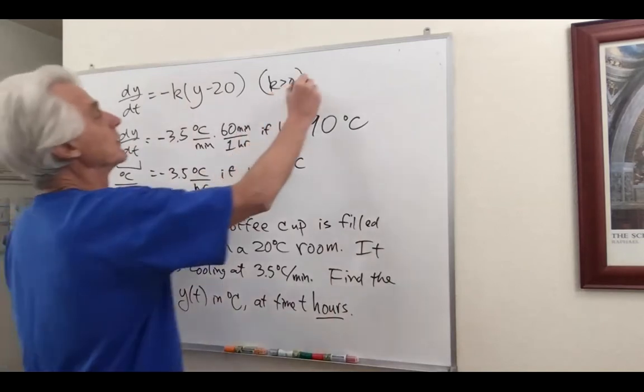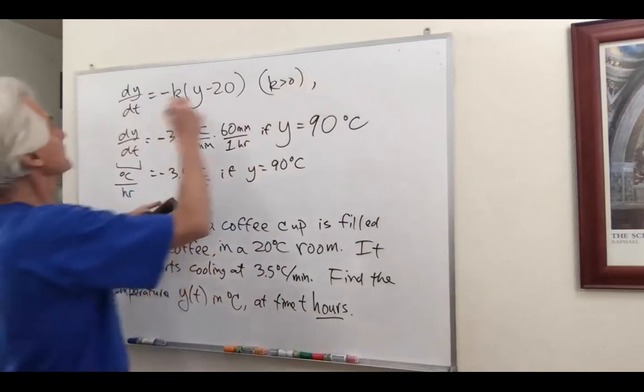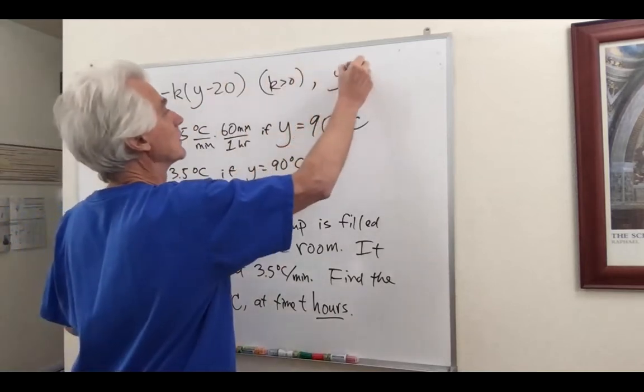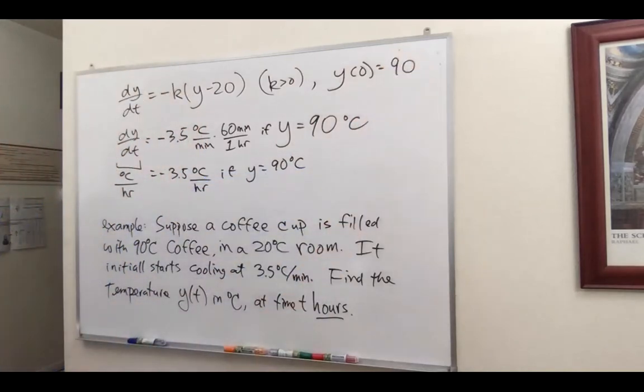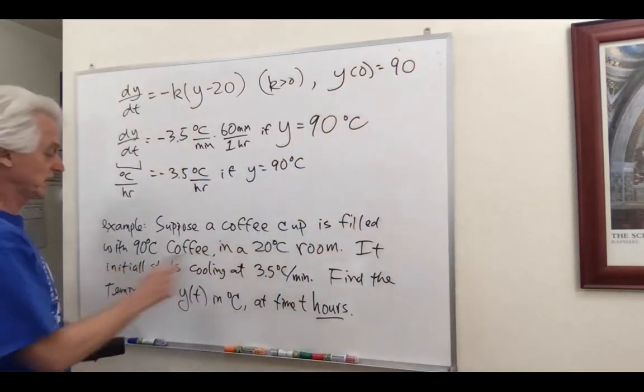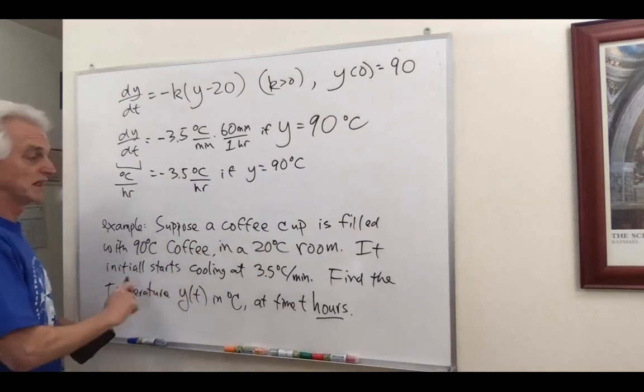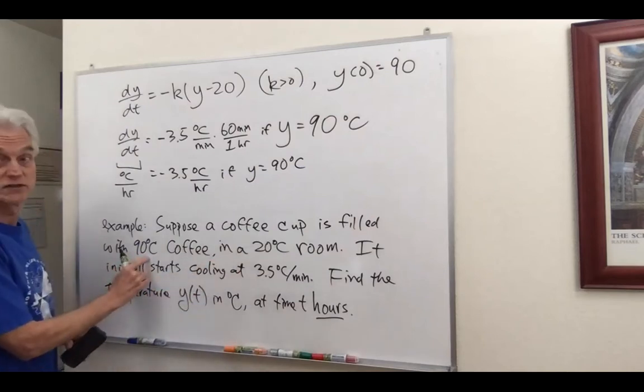Before I erase the rest of the problem, let's put in the initial condition. y(0) is 90, right? Because when I say initially starts cooling, initially, it's 90 degrees, right?